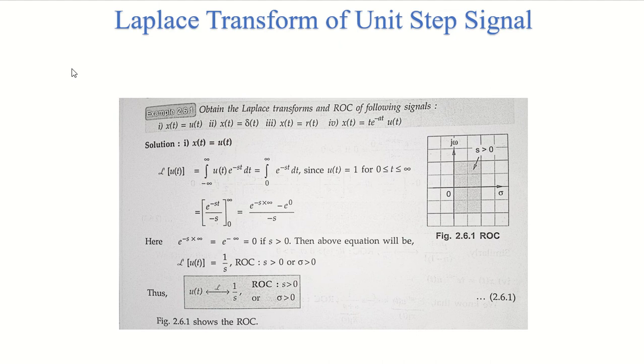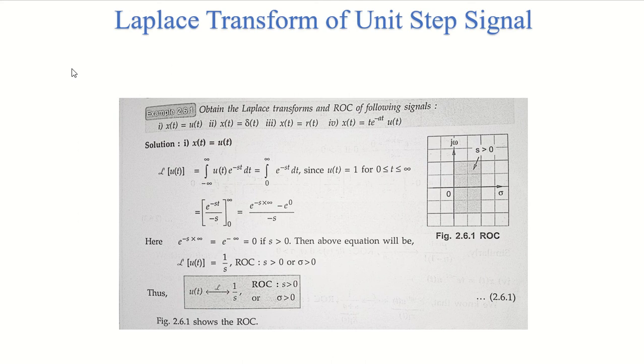So we will get e raised to minus st divided by minus s. And when we substitute the limits, 0 to infinity, instead of t you will substitute infinity. So you will get e raised to minus s into infinity, which basically is e raised to minus infinity, and the value of that will be 0, so it will be 0 minus e raised to 0.